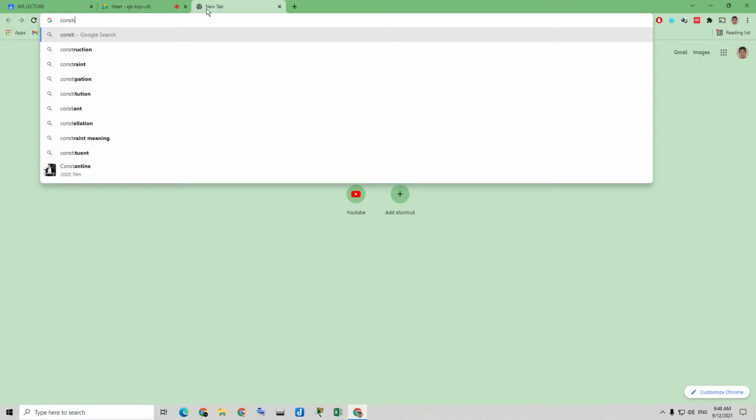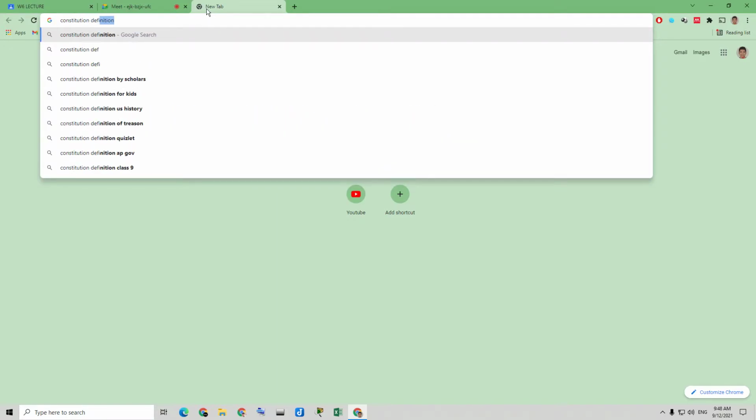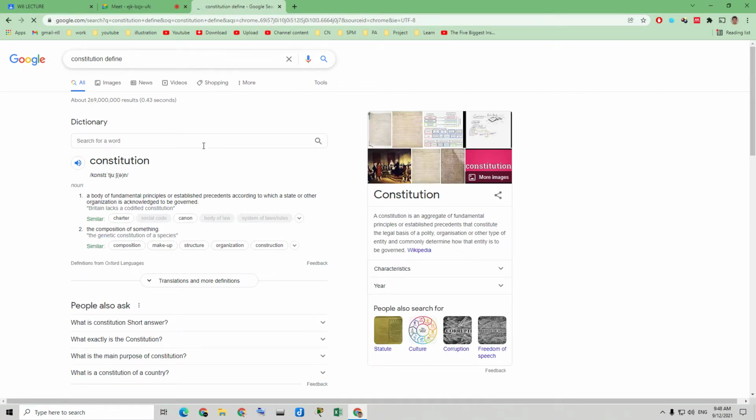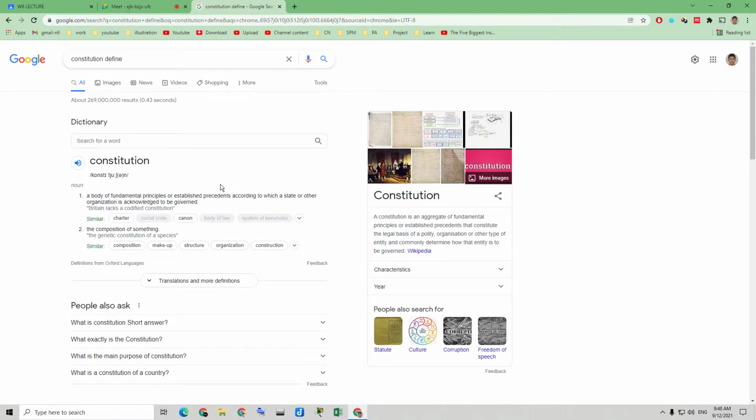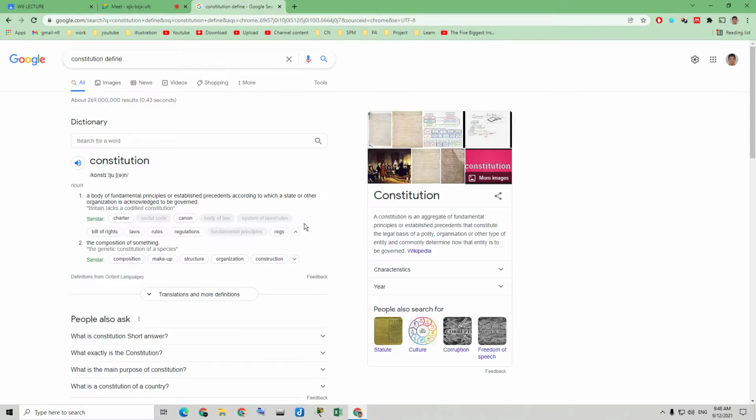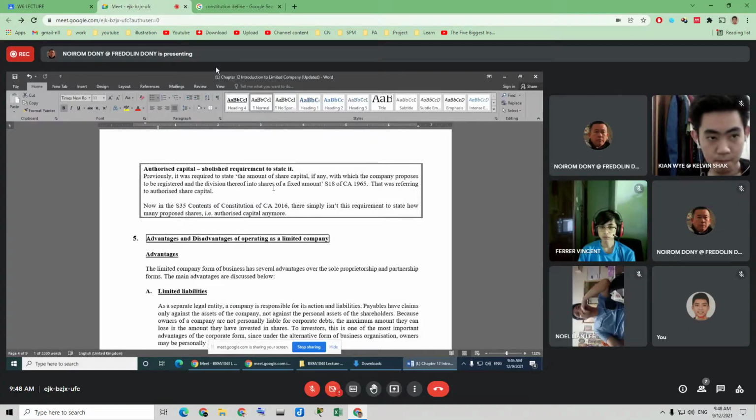So what you have in the Companies Act 2016, that is the constitution. That is what the company is practicing, so everyone can access that information. Good question.